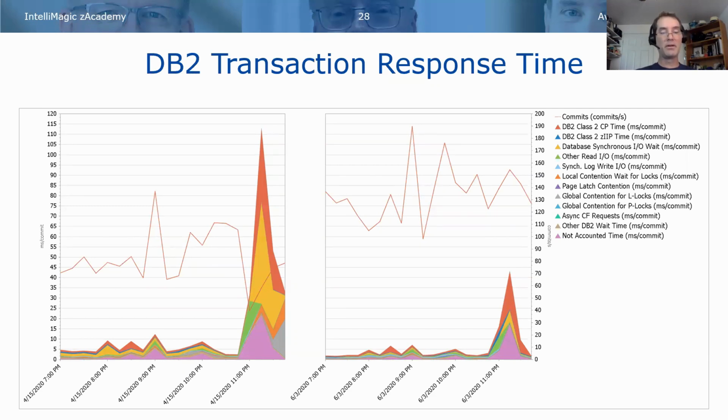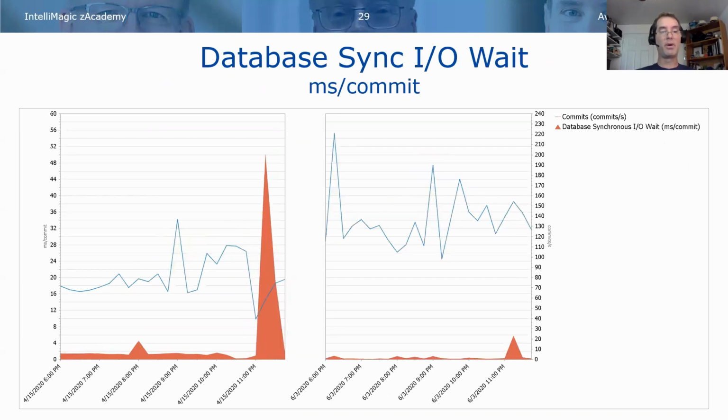And to make it clearer, if I eliminate the other components and just show my database synchronous I/O wait time, milliseconds per commit, which is on the right-hand axis here. It's like 100 and, no, excuse me, left side axis, I was wrong.